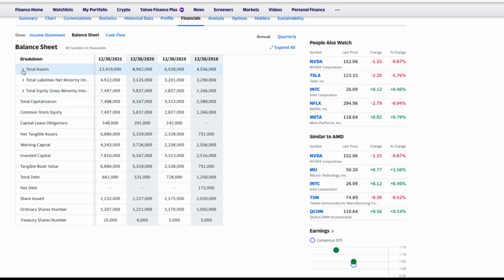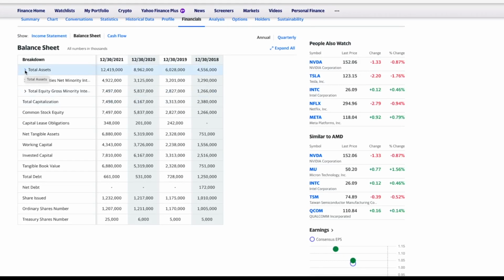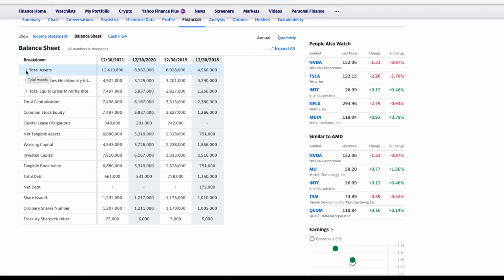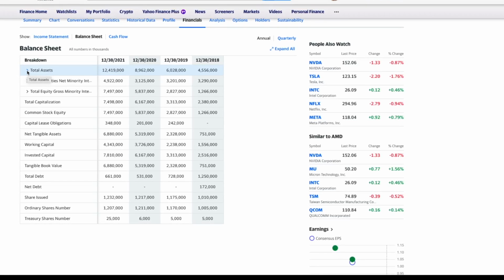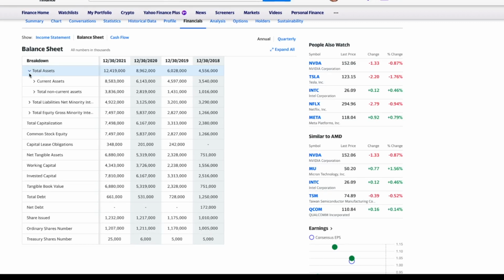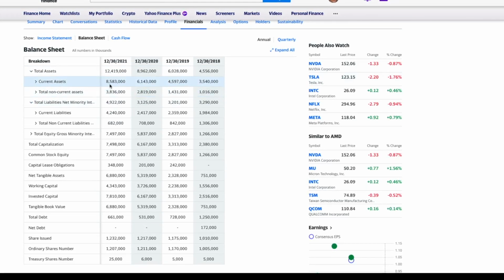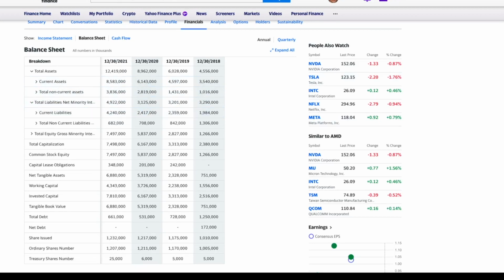First of all, you look for a company where, if you divide the total current assets by total current liabilities, the number should be above 1. Total current assets, as we have seen, are 8.5 billion, and total current liabilities are 4.2 billion.